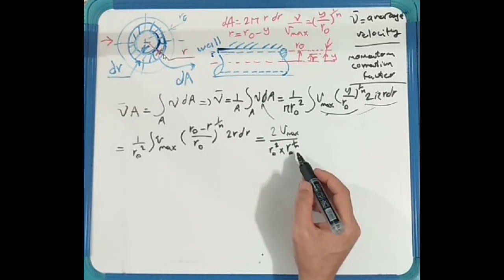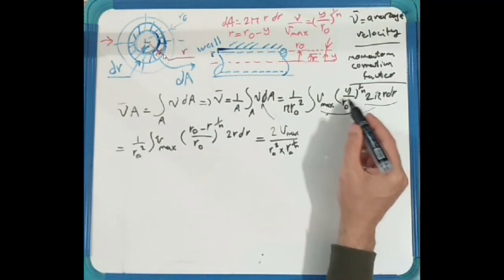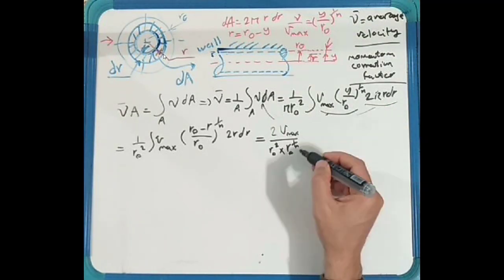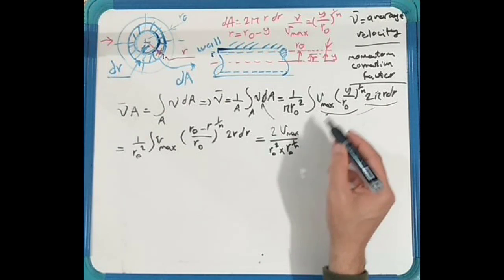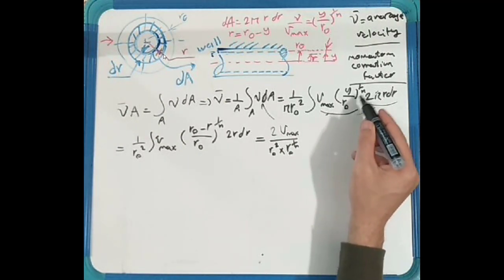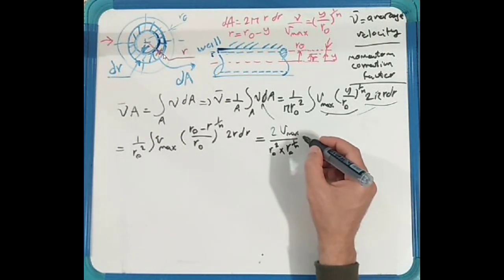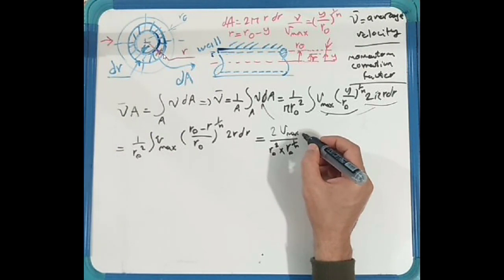Because of this R0, this is power of 1 over n, and it comes out of the integral, because R0 is constant and v max is constant, both are constant. I can put them out of the integral.